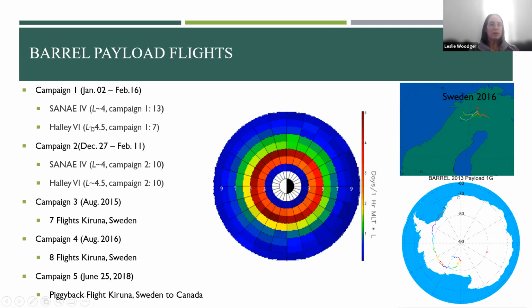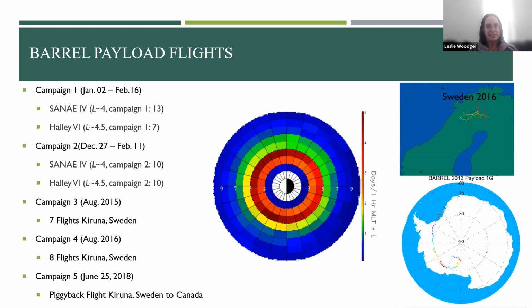These stations map to an L value of about 4 to 4.5, which puts us right in the heart of the outer radiation belts, which is where we wanted to be.